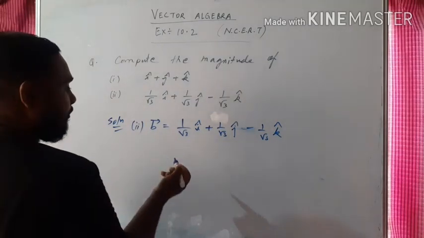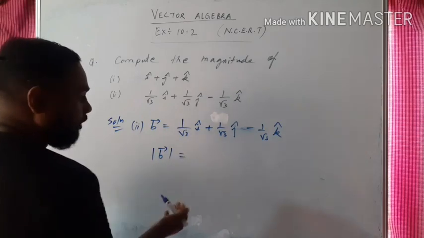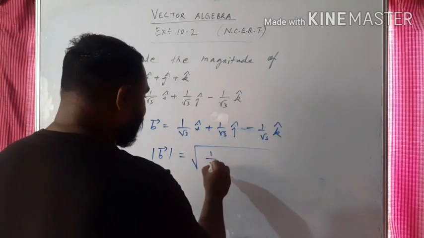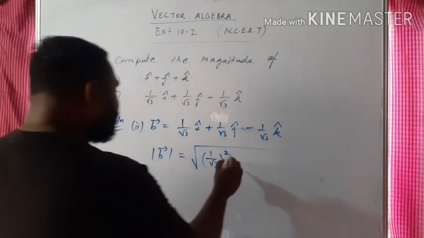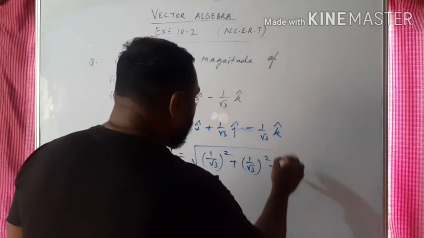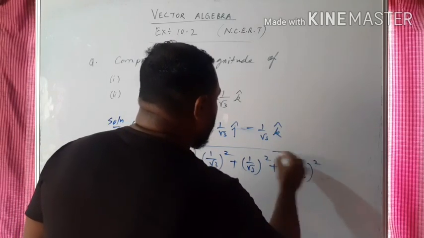So its magnitude will be given by mod of b vector, and it's nothing but, along with i I have a scalar component, that is 1 by root 3, so it will be 1 by root 3 whole square. Along with j I have 1 by root 3, so 1 by root 3 whole square, plus along with k I have minus 1 by root 3, so minus 1 by root 3 whole square.